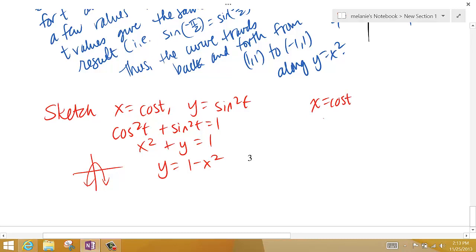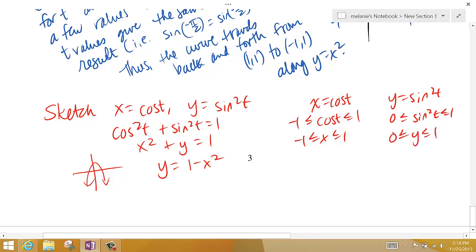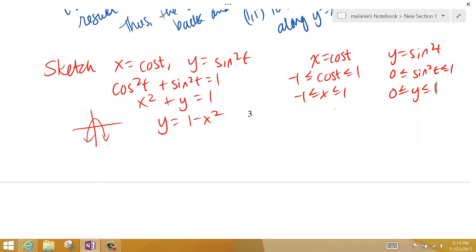Since x is cosine t, I know cosine t is bounded between -1 and 1, so x is as well. And y is sine squared t, so sine squared t has a lower bound of 0 and an upper bound of 1, so does y. So I can plot a parabola similar to y equal 1 minus x squared, but I have to stop at these x and y values. So here's the rough sketch.